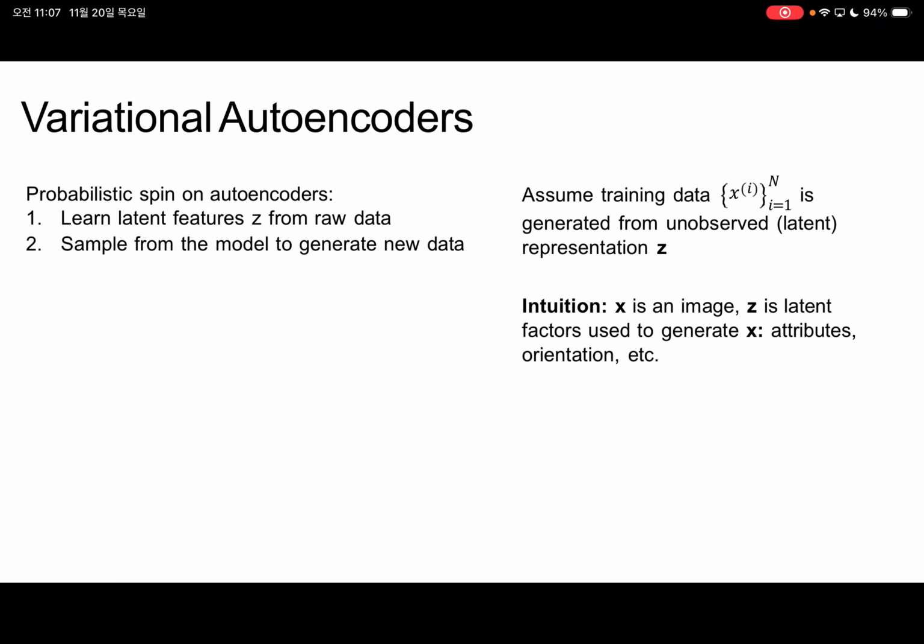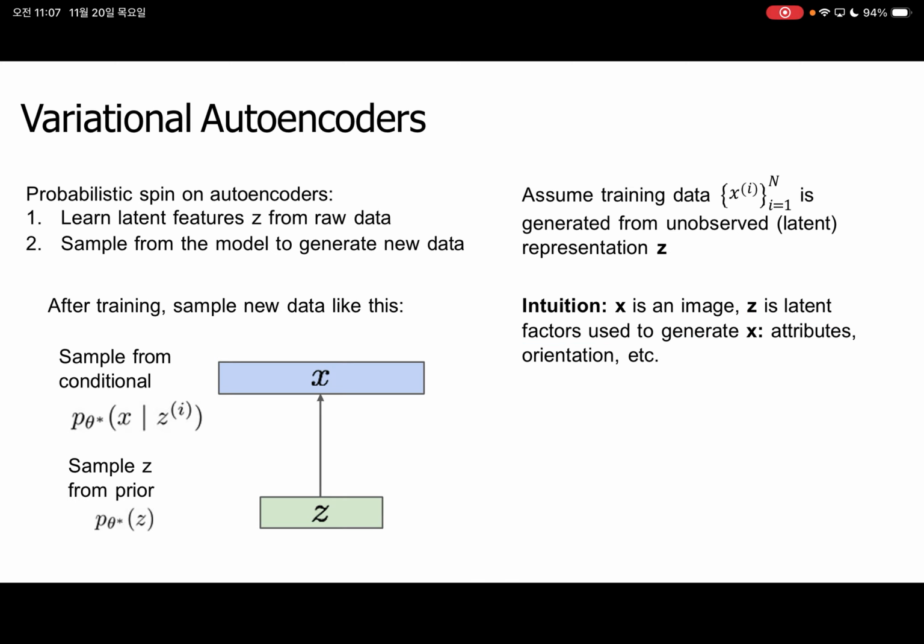Assume the training data is generated from an unobserved latent representation Z. The intuition is that X is an image, and Z is the latent factors used to generate X, where Z can be attribute, orientation, anything, some latent feature that describes the input image X. So if we can make Z follow some known distribution, for example, a normal Gaussian distribution, then we can randomly sample Z from it after training, and use those randomly sampled Z to recover images using the pre-trained decoder. Here is the decoder, right?